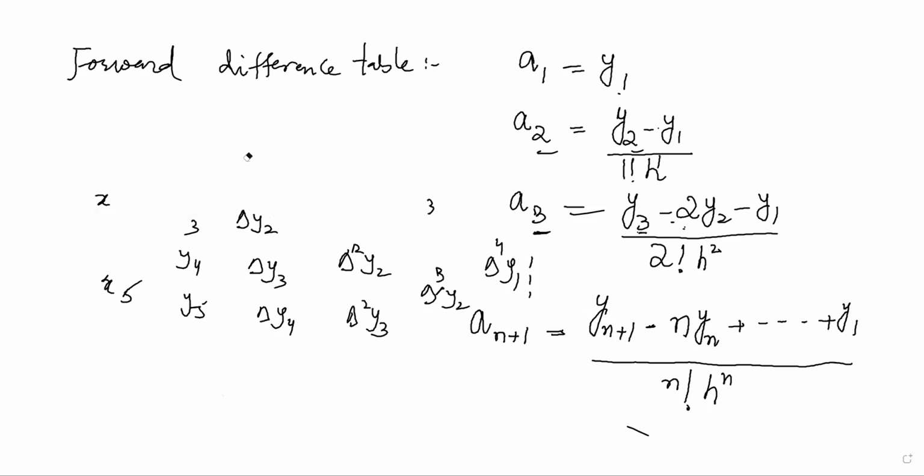In the forward difference table, we had y1. We have y1 is equal to a1, and we have a2. What is a2 equal to? If you look at a2, our a2 was equal to y2 minus y1 divided by h.